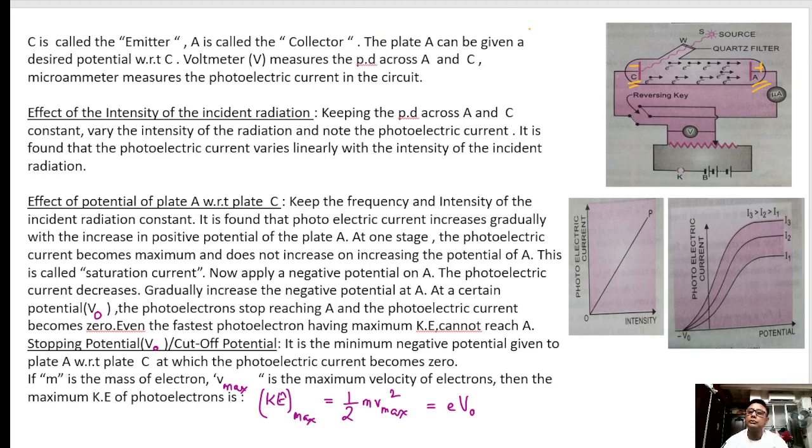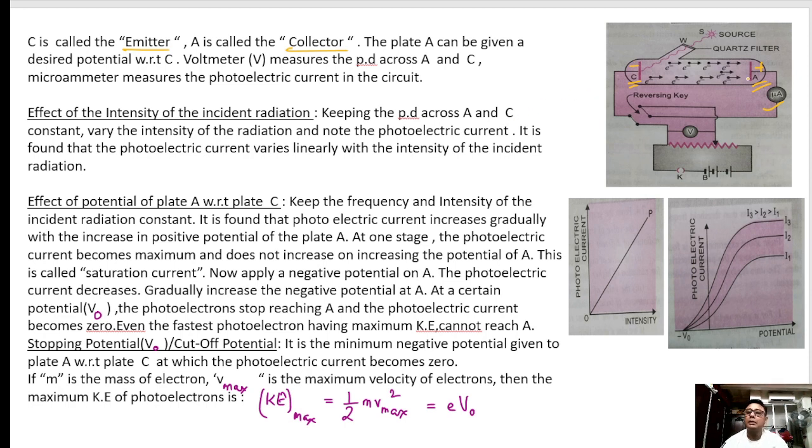So A is also called the collector, and C is called the emitter. Plate A is connected to the positive terminal, and plate C is connected to the negative terminal, and here is a voltmeter, so you can measure the voltage of plate A. Here is a microammeter which can show you the reading of the current.